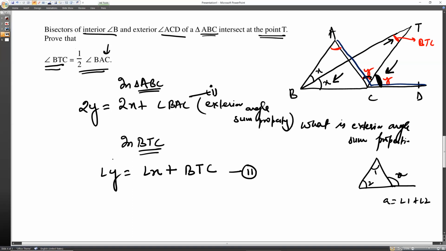Now you need to equate these two because you don't need Y and you don't need this X. If you multiply the second equation by 2, this will also become 2Y.